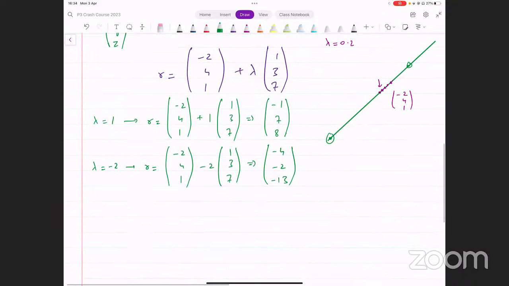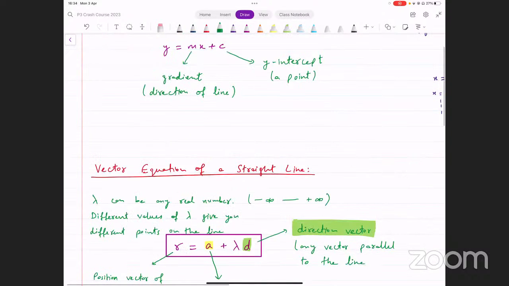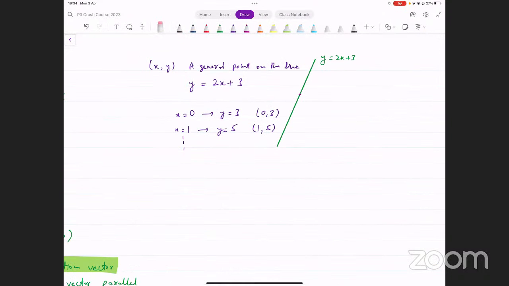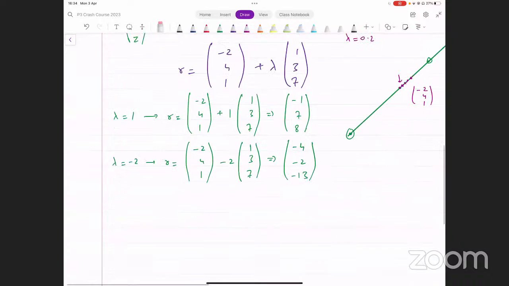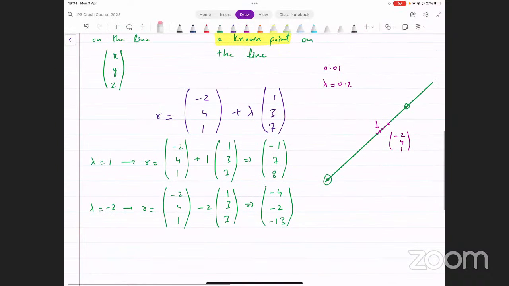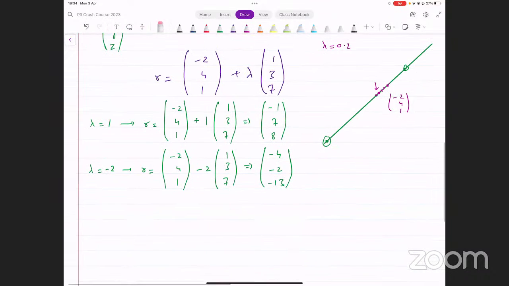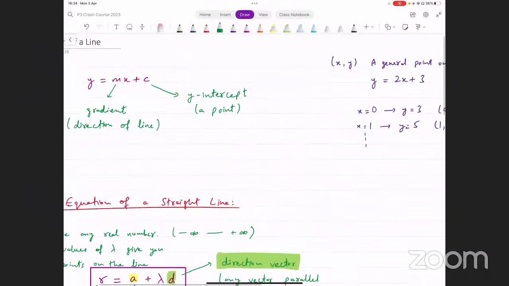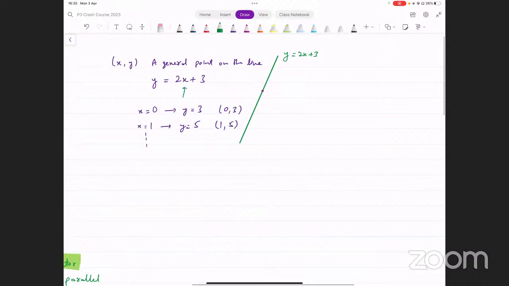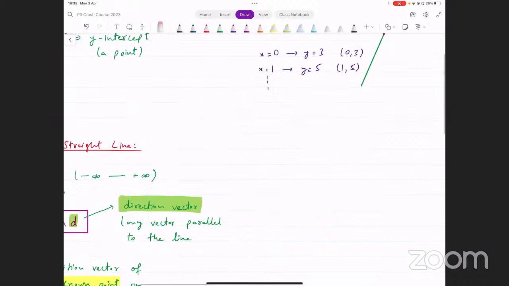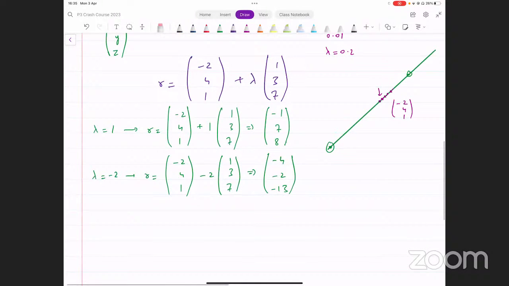Now, depending on what the value of lambda is, you get different points on the line. Okay, just like here, X, Y used to represent a general point. Here, R represents a general point, and it's written in this form, X, Y, Z. And instead of inputting values of X, like we used to do here, to find corresponding values for Y, here we have instead a parameter that we call lambda.